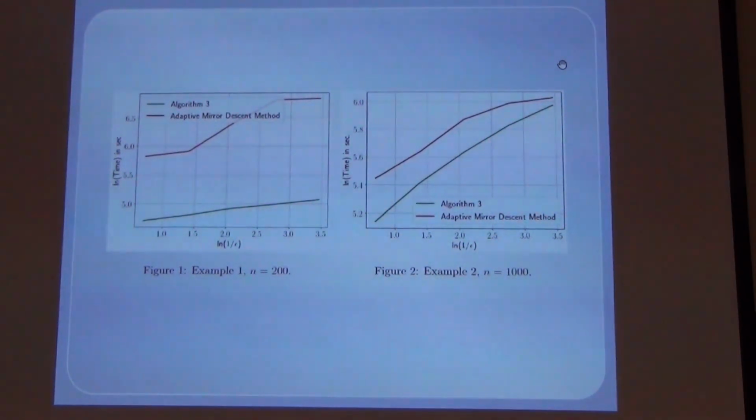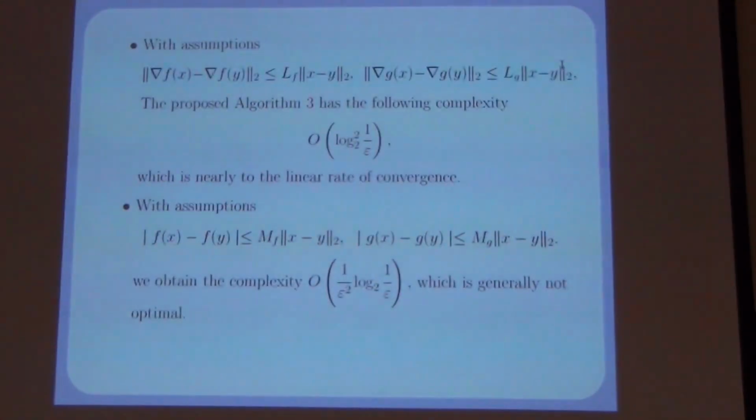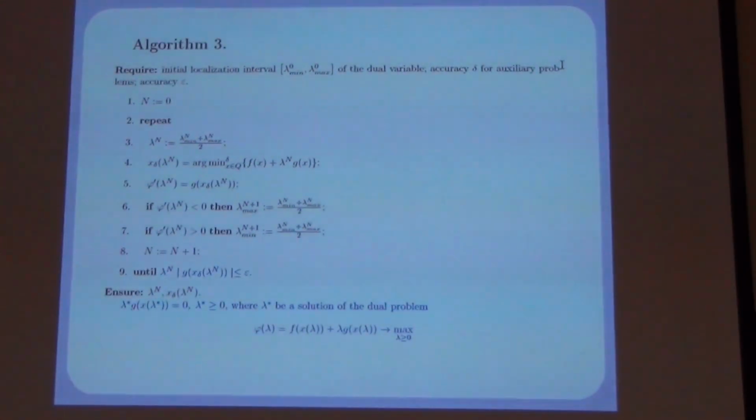As we can see from these results, the proposed algorithm, Algorithm 3, which is not optimal in general, works better than the other optimal adaptive mirror descent method. And in this algorithm, there is no need to know any information about the strong convexity parameter.